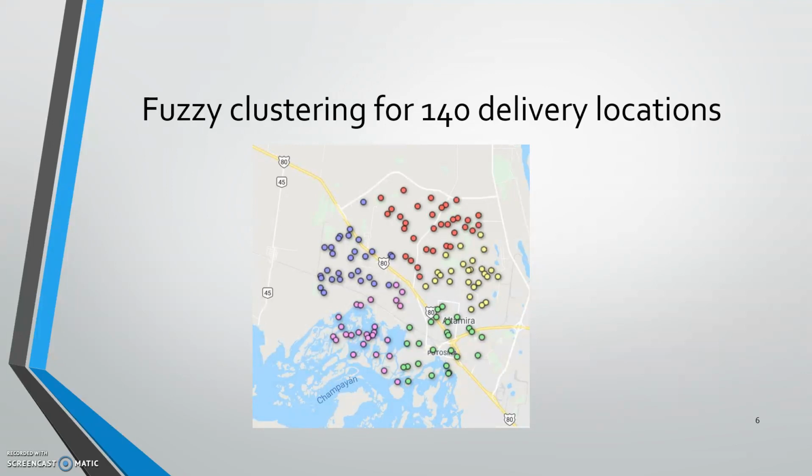This slide shows the application of the Fuzzy-Simmons algorithm to a random instance with 140 delivery locations. We use again the same number of clusters. In this plot, we can also see the same clustering pattern as the previous instance.